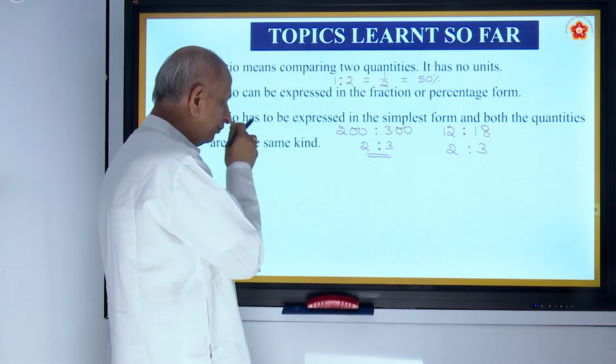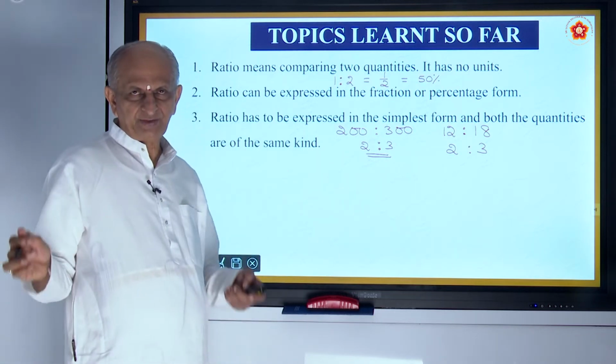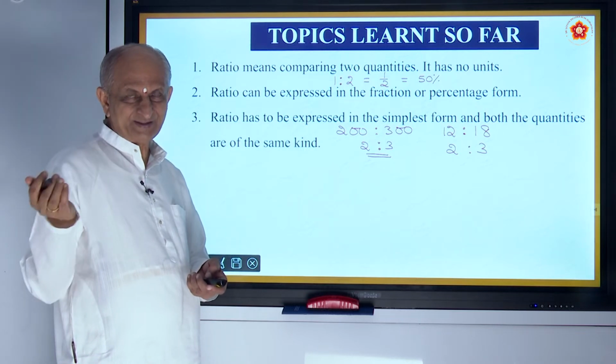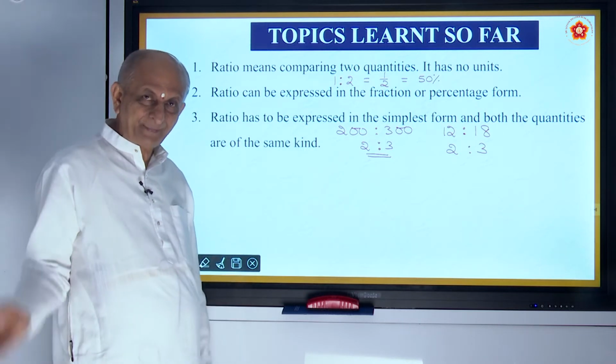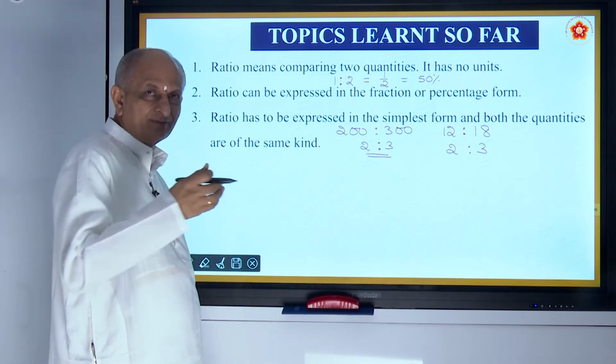And both the quantities are of the same kind. If we are telling about weights, both must be in the same unit. Suppose they are in different units, what to do? You must convert into the same unit.